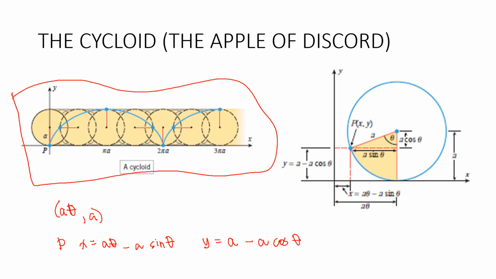This problem was first solved by Descartes and then by Fermat, whom Descartes had challenged with the question. The modern solution follows directly from the parametric equations x equals a theta minus a sine theta, y equals a minus a cosine theta.